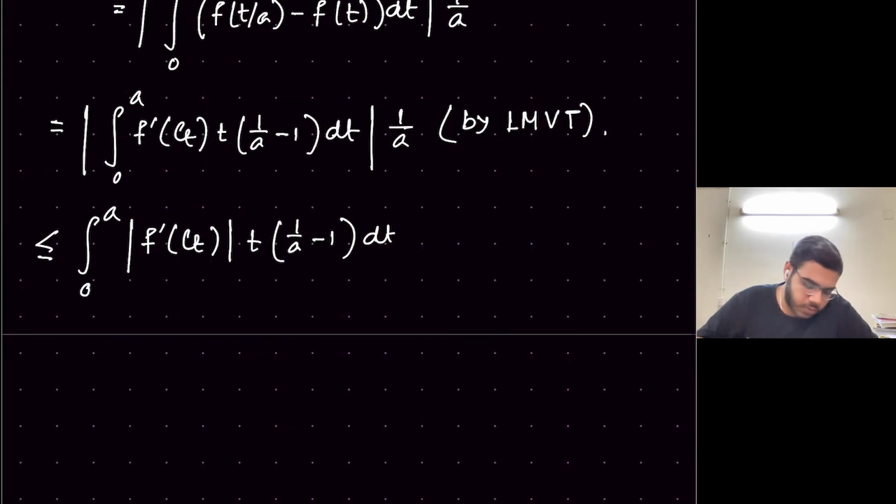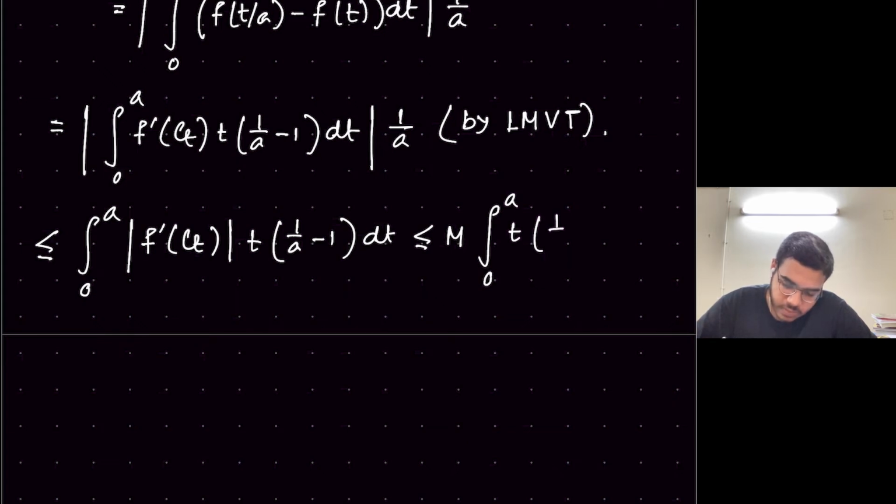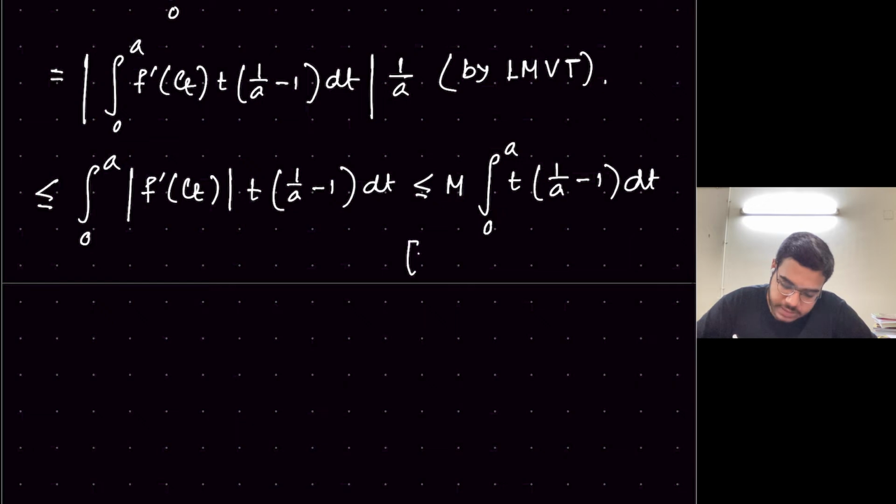Now you already know that the modulus of f'(x) is less than or equal to M for all x belonging to (0, 1), right? So this will be less than or equal to M times the integral 0 to a of t times (1/a minus 1) dt, as the modulus of f'(x) is less than or equal to M for all x belonging to (0, 1).